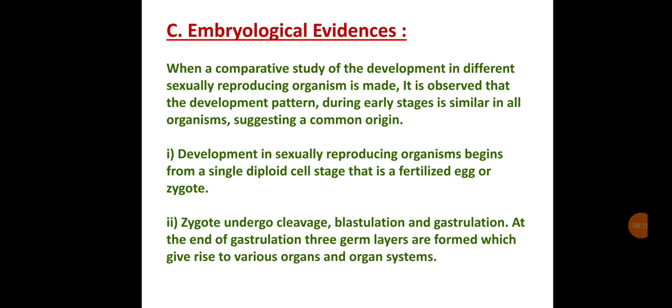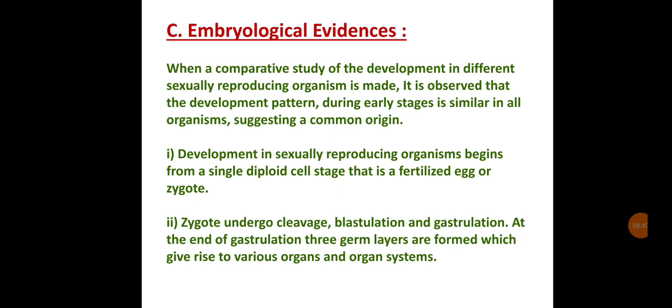Embryological evidences. When a comparative study of the development in different sexually reproducing organisms is made, it is observed that the development pattern during early stage is similar in all organisms, suggesting a common origin. Development in a sexually reproducing organism begins from a single diploid cell stage, that is the fertilized egg or zygote. Zygote undergoes cleavage, blastulation and gastrulation.